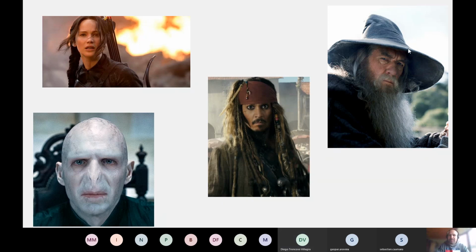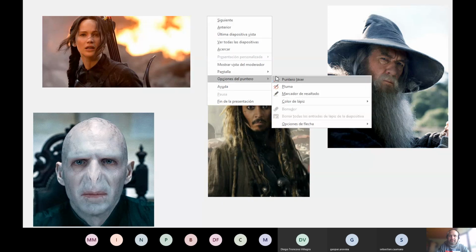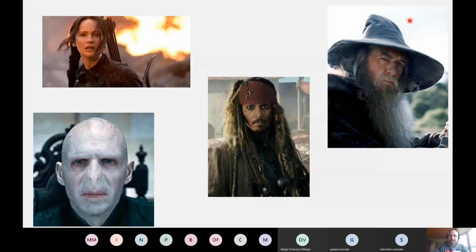What about the guy on the far right hand? He's Gandalf. Okay. What can we say about Gandalf? Well, he's a wizard. He's a wizard. Any type of wizard?